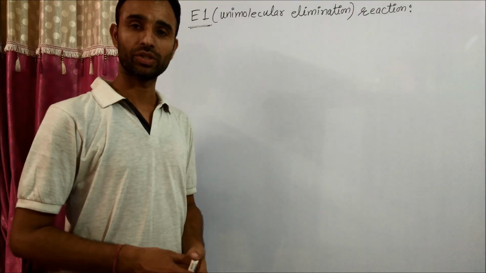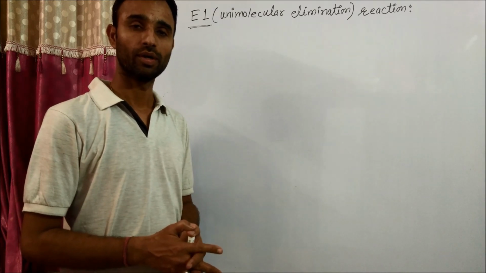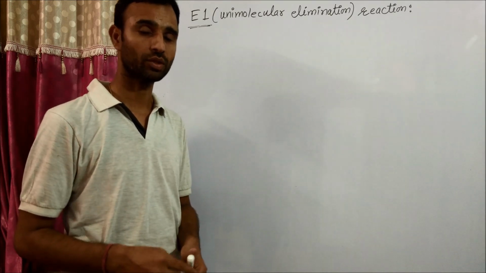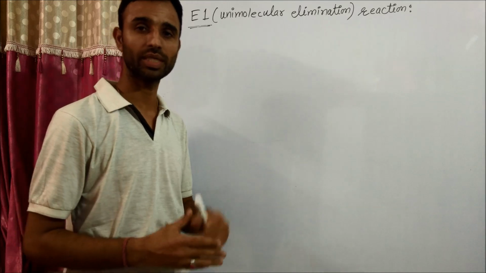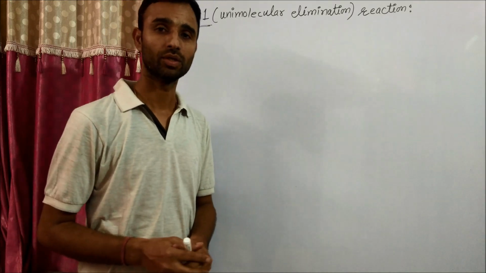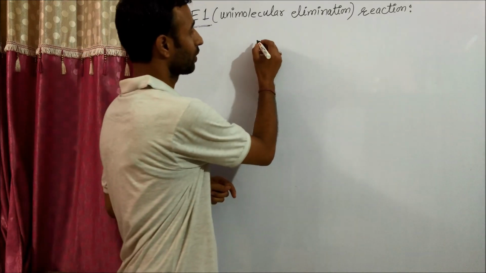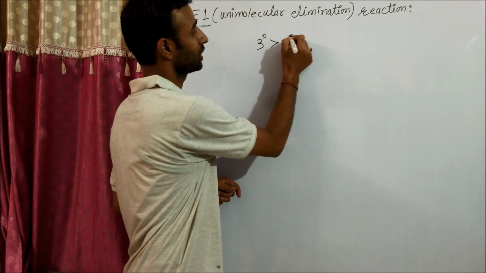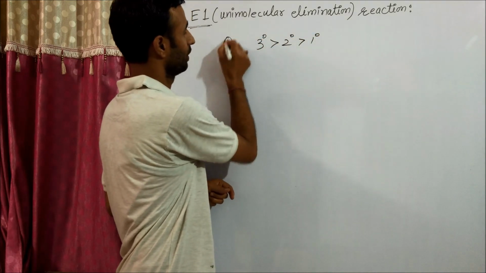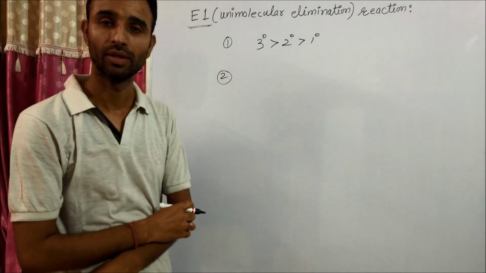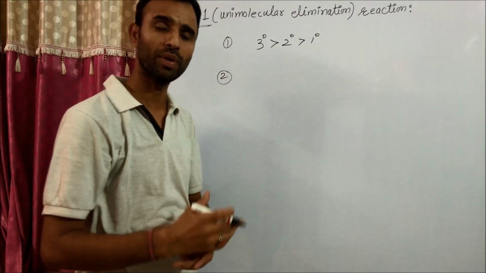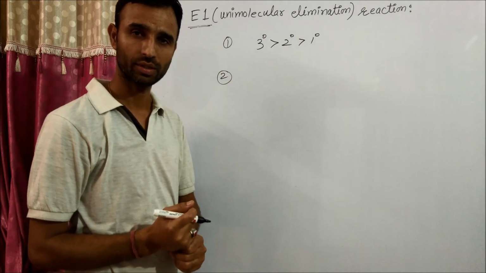In E1 reactions, carbocation is formed, and tertiary carbocation is more stable than secondary than primary. So the order of reactivity for halides is tertiary, secondary, primary. Second, what about strength of the base or concentration of the base?